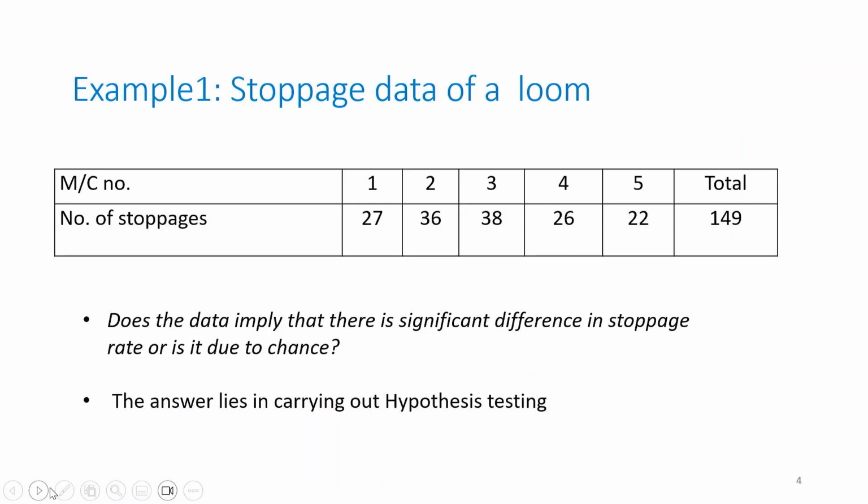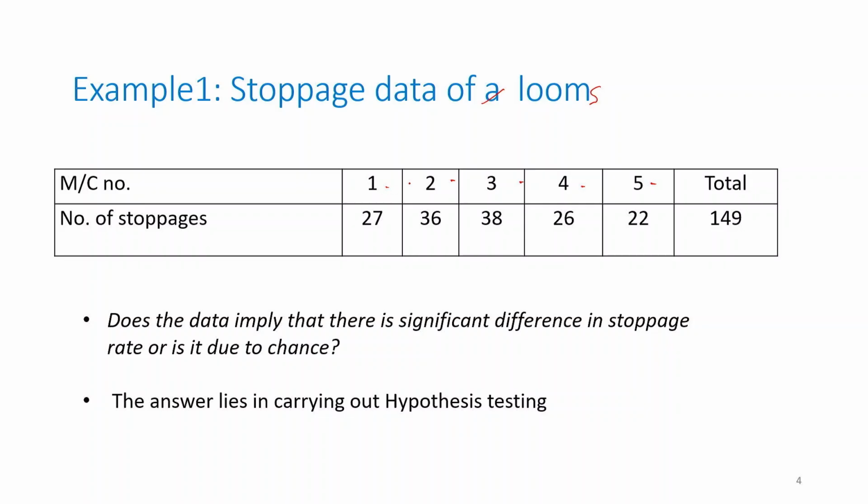We take another set of data, exact data, where let us say this is stoppage data of a loom. There are several looms, machine number 1, 2, 3, 4, 5. So it's not one single loom.